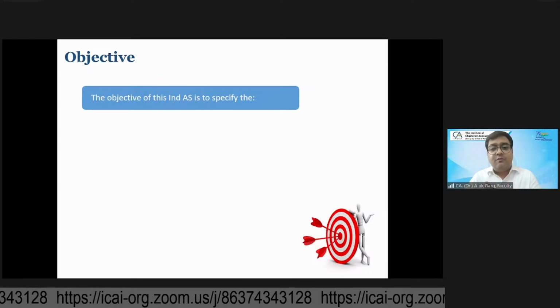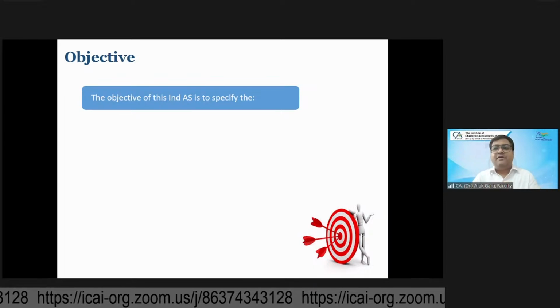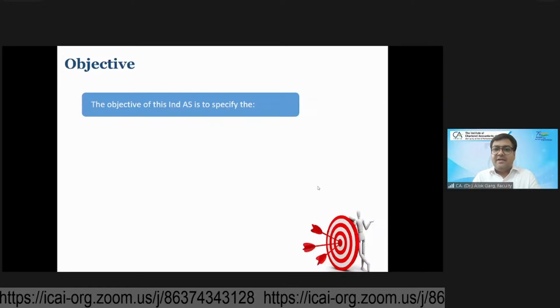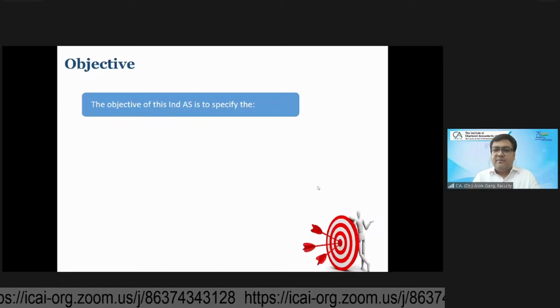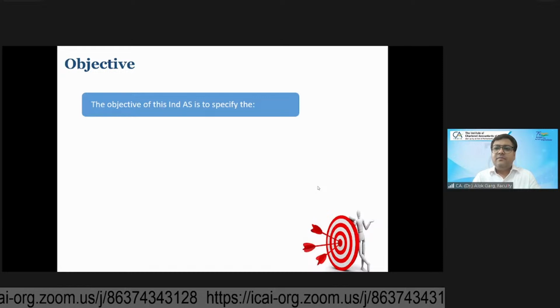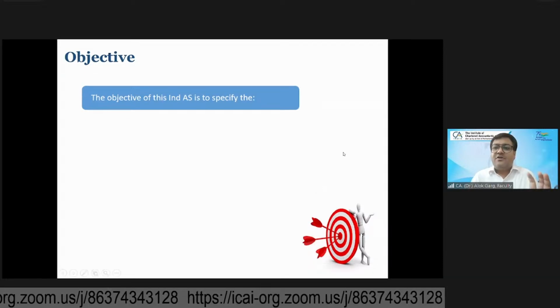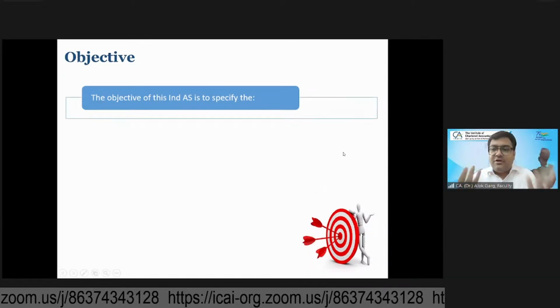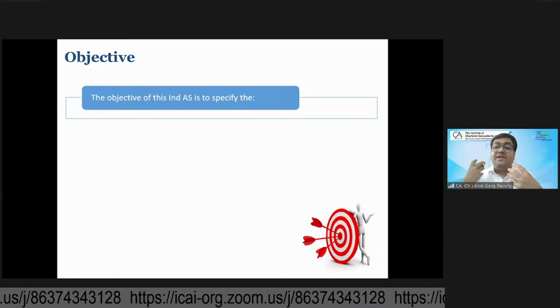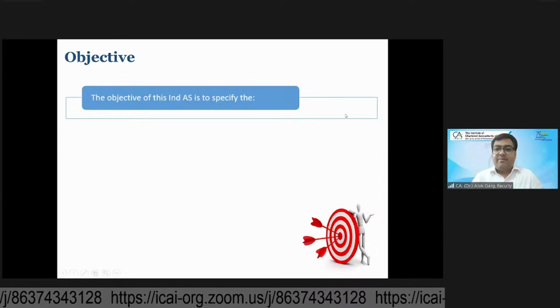But a disposal group can be a combination of non-current assets as well as current assets. I hope it is clear to all of you. Right, Rahul? Great. For discontinued operations, there will be extra presentation and disclosure requirements.